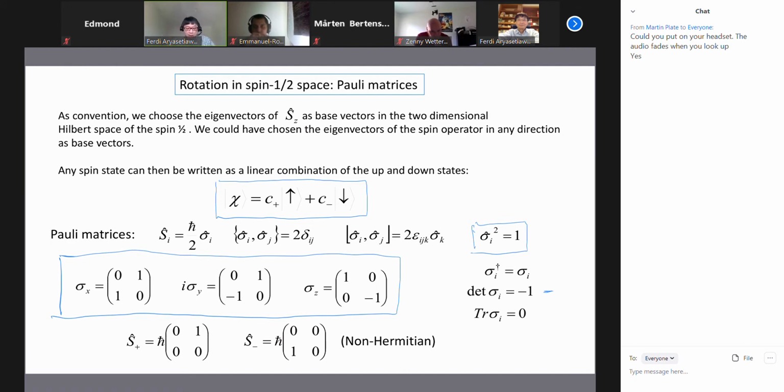These spin matrices can be derived from this commutation relation here. Given this commutation relation of the spin operators, we can work out the operators for sx and sy, and that will give us then these Pauli matrices.